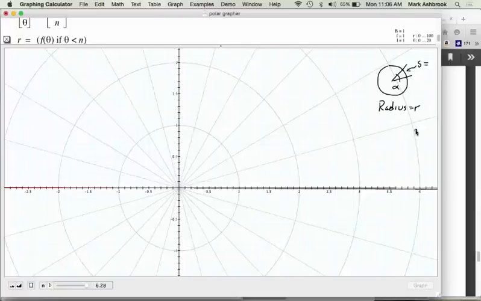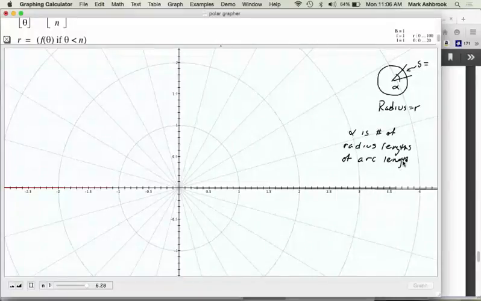Alpha over r? Alpha times 2 pi r? So what is alpha? Alpha is, by definition, the number of radius lengths of arc length that the angle cuts off.